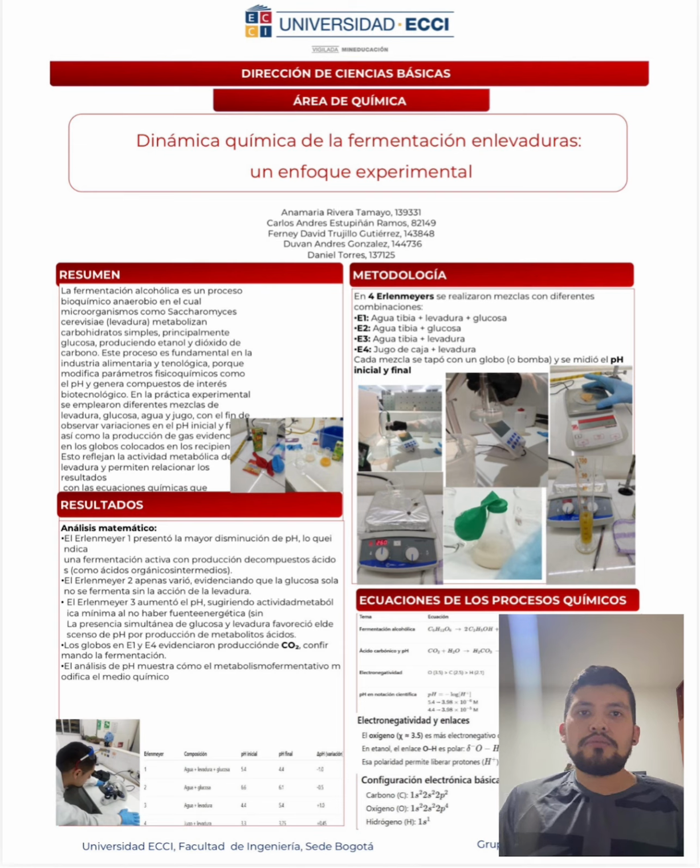We also measured the initial and final pH of each solution. The mixtures were as follows: E1, warm water, yeast, and glucose; E2, warm water and glucose; E3, groundwater and yeast; E4, packaged juice and yeast.